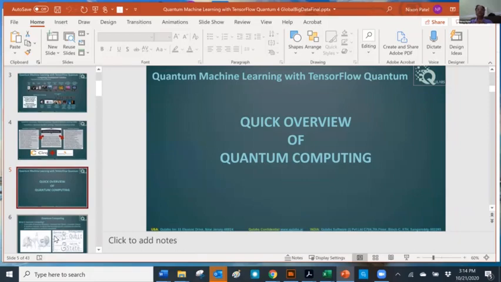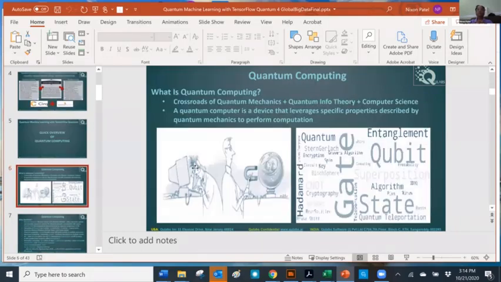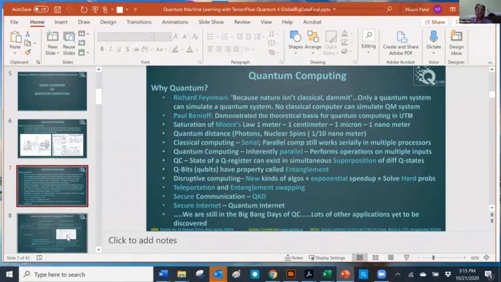Before that, I want to do a quick overview of what quantum computing is. Typically, it's a crossroads of quantum mechanics, quantum information theory, and computer science, and some of the critical features like superposition and entanglement are the ones that drive this whole paradigm. And why quantum computing?